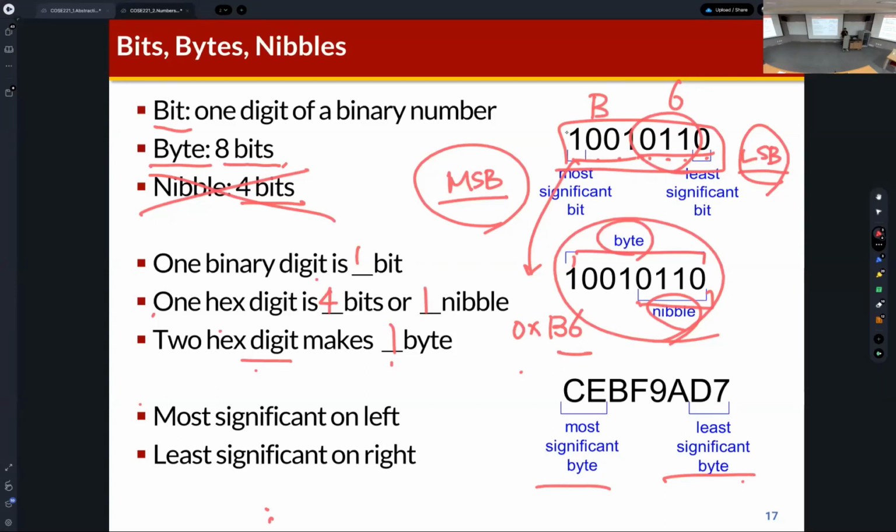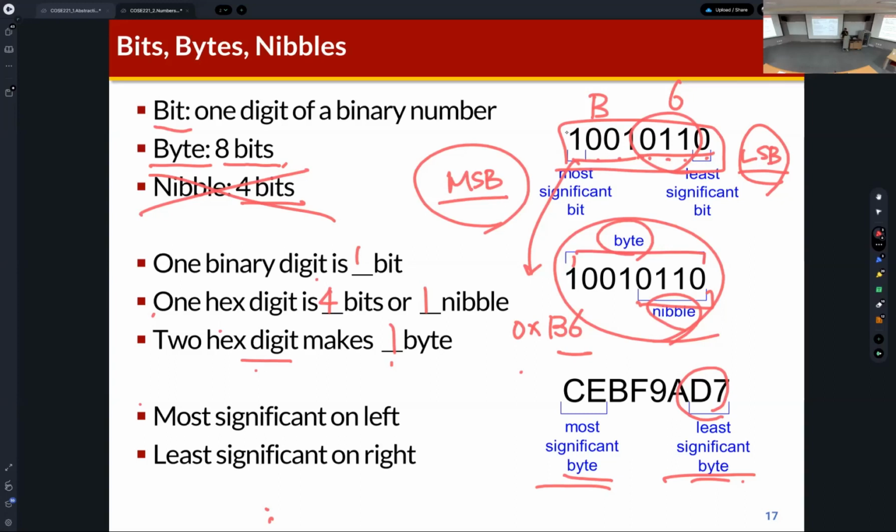Or sometimes we can use the most significant byte and least significant byte, which means the leftmost 2 digits of a hexadecimal number is the most significant byte, and the rightmost 2 digits is the least significant byte. But those terms are not frequently used.